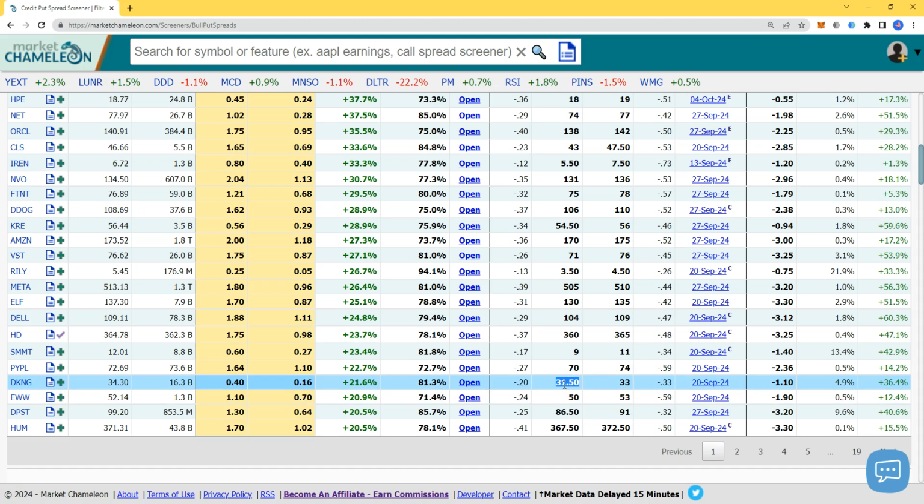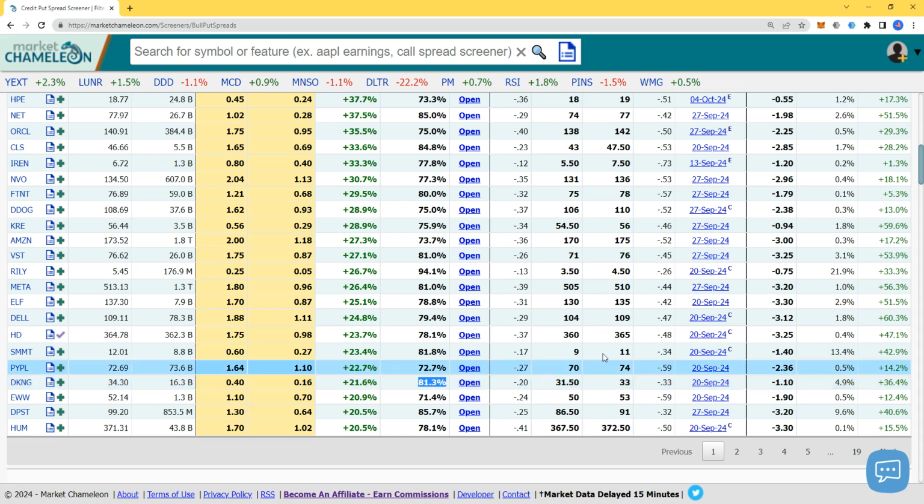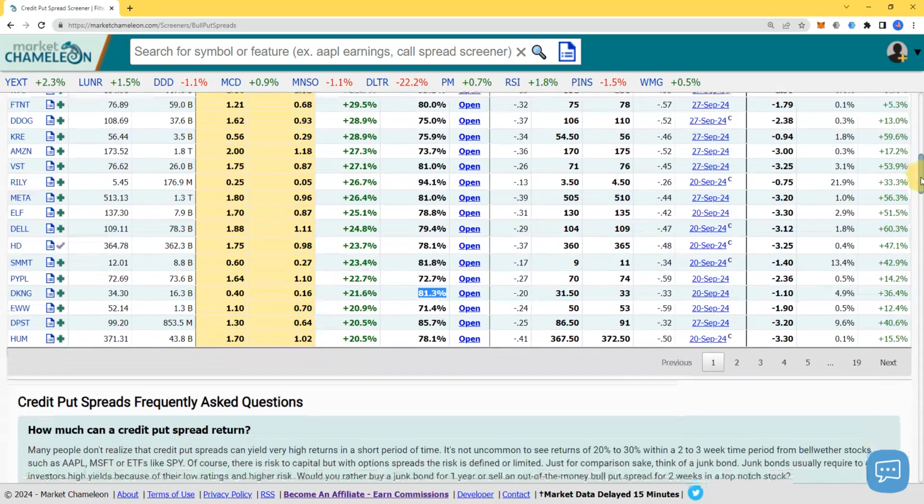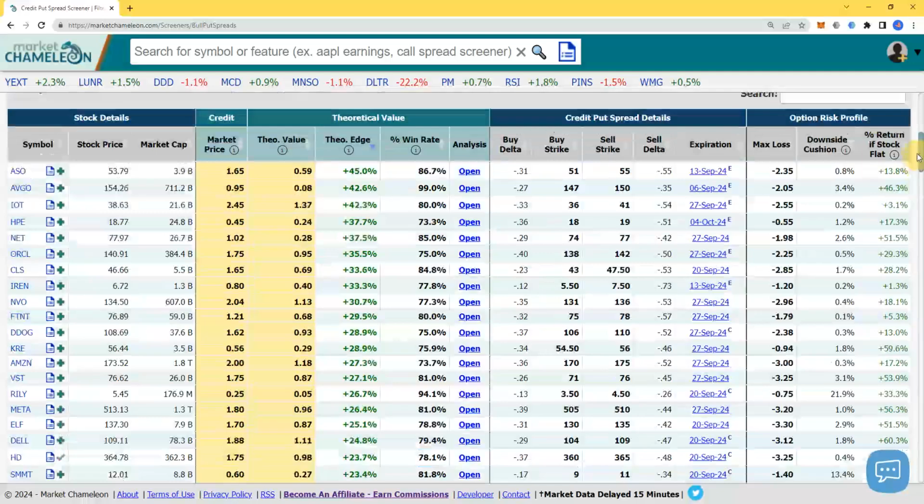This is interesting because you're not risking a lot. You're risking 150 minus the income. The income is $40, so you're risking 110 to make 40 compared to $16, what you should have made before. So that's more than double. 21.6% edge, 81% win rate. And this is just on page 1.